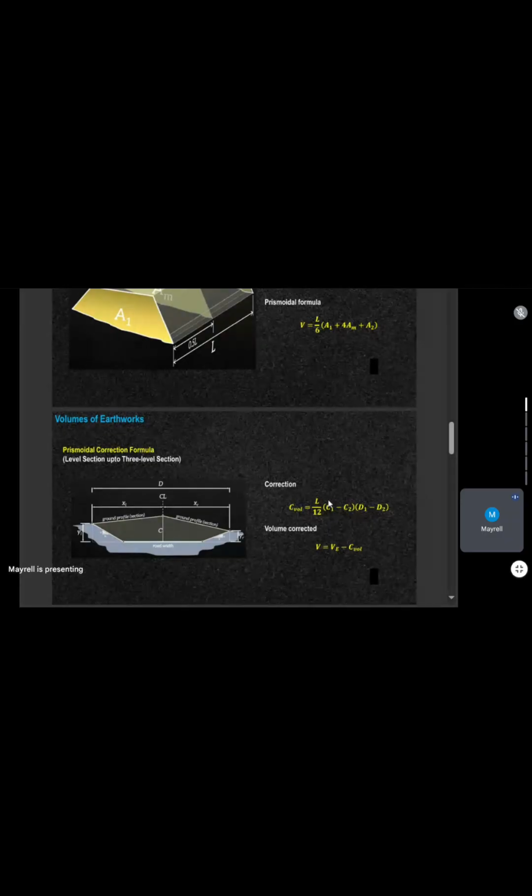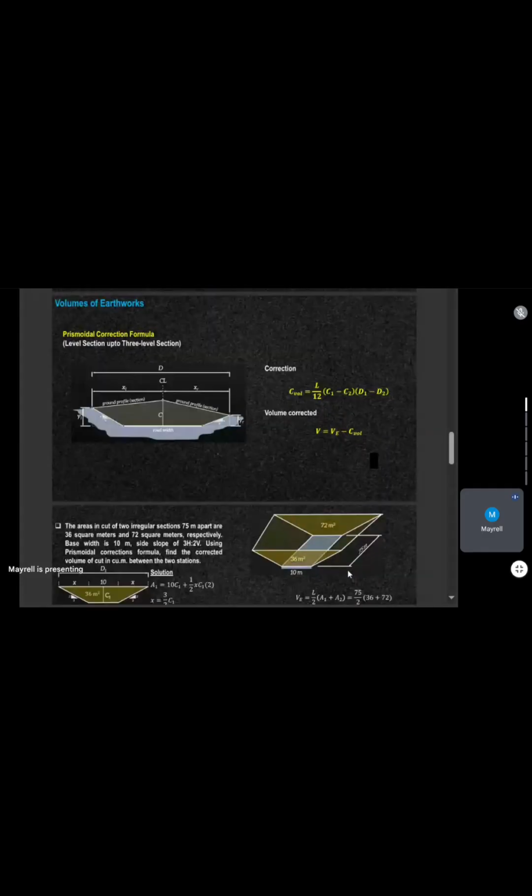It's C1 minus C2, times D1 minus D2. D1 is the distance of your section, so D1 is the D in area 1 and D2 is the D in area 2.